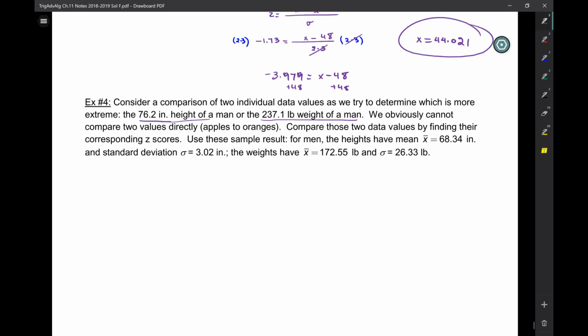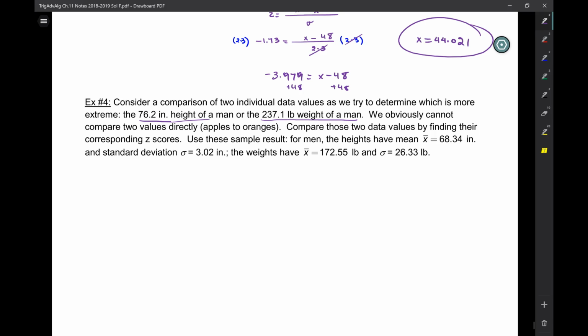We obviously can't compare the two values directly, because you can't compare weight to height. So we have to look at how usual the one value is, and then how usual the other value is, and see which one is the extreme one.